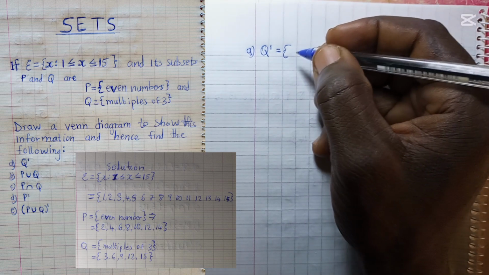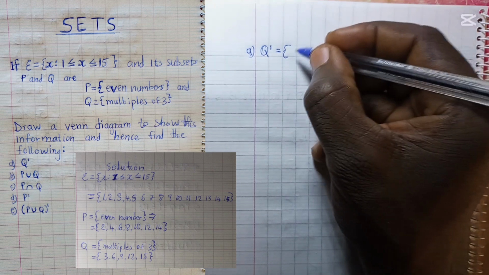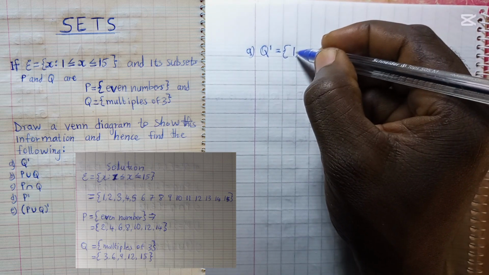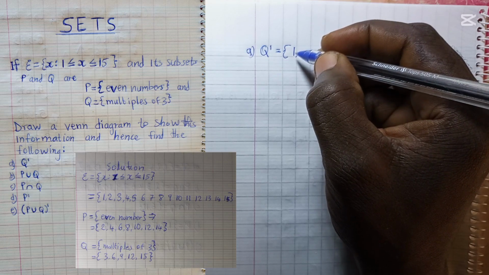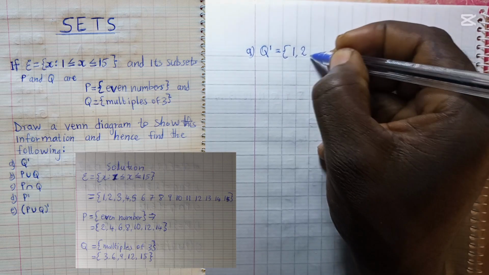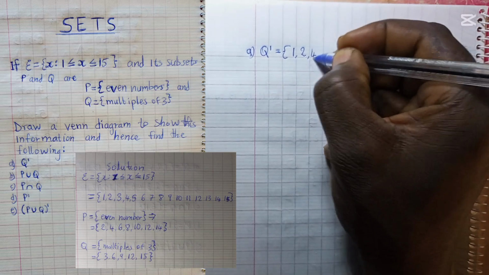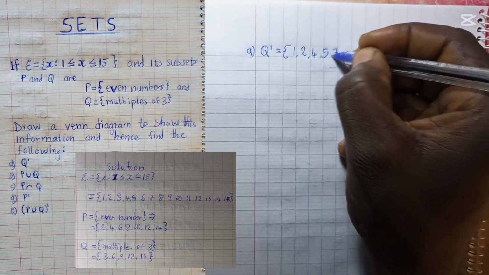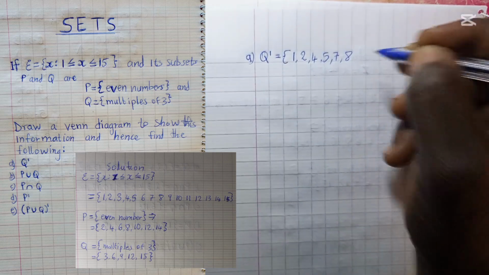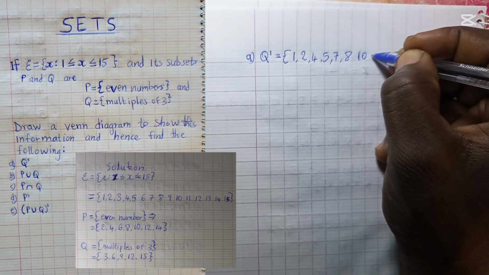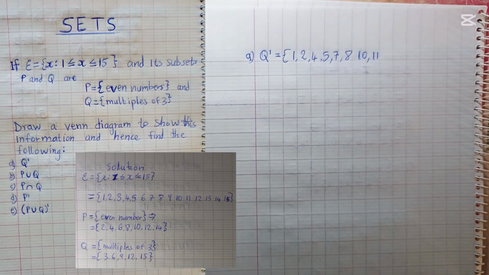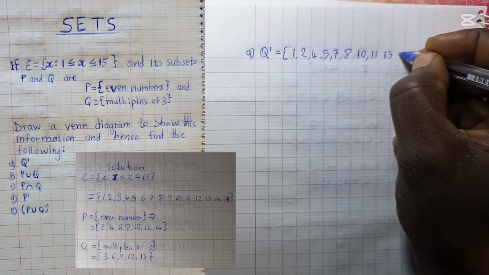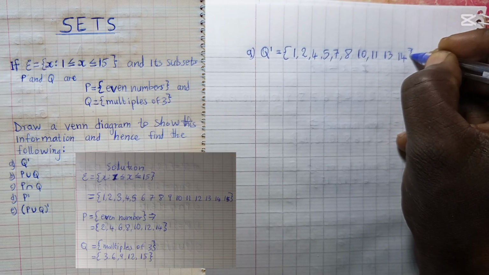So the complement of Q are, we have 1. 1 is in the universal set, but it is not in set Q. 2, 4, 5, 7, 8, 10, 11, 13, and 14.